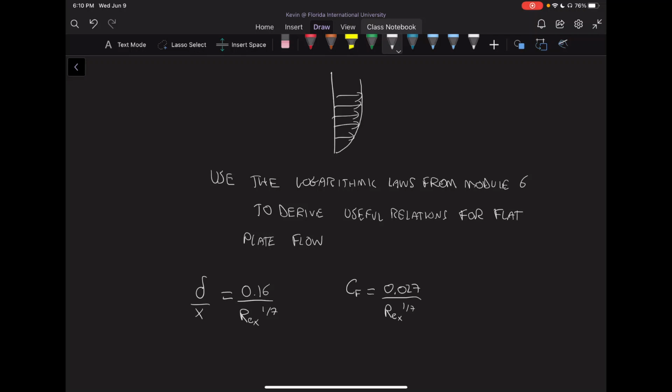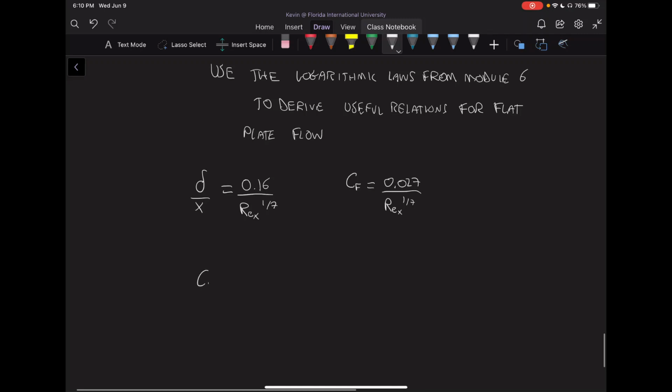Now, our coefficient of drag for our turbulent flat plate flow is not double the skin friction drag. It's actually only a little bit higher. The coefficient of drag is equal to 0.31 over Reynolds x to the power of 1/7.